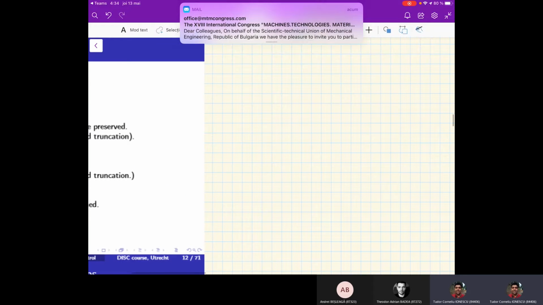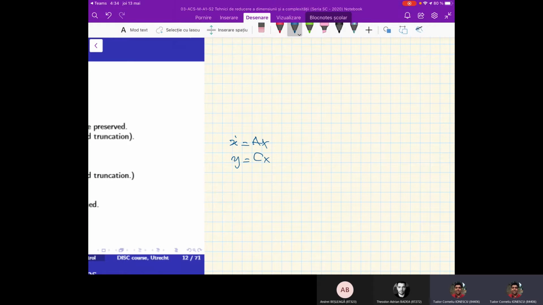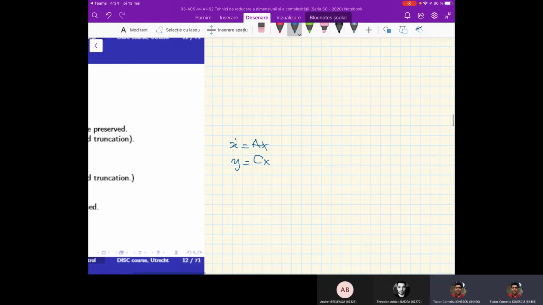That's a Lyapunov way of thinking. Okay, so you have x dot is Ax and y is Cx. This is for observability. And you take the energy function, which is the integral from 0 to infinity of y squared(t) dt.